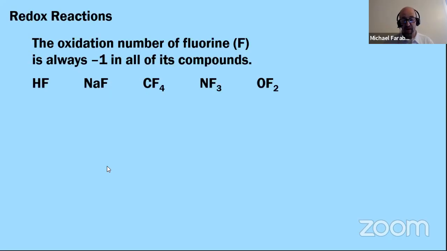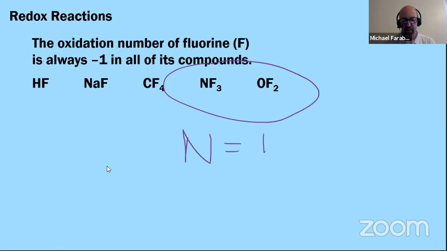You might wonder about these substances. Nitrogen actually carries an oxidation number of +3 in that compound because fluorine is -1. Oxygen would carry an oxidation number of +2 in oxygen difluoride, again, because fluorine is always -1.